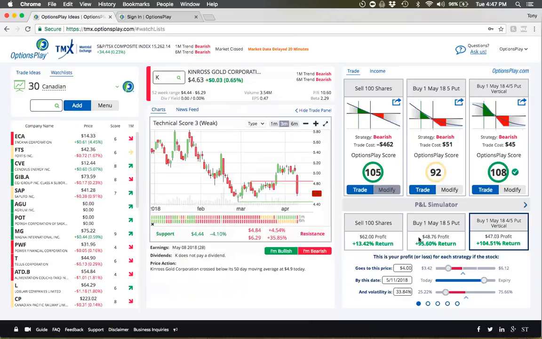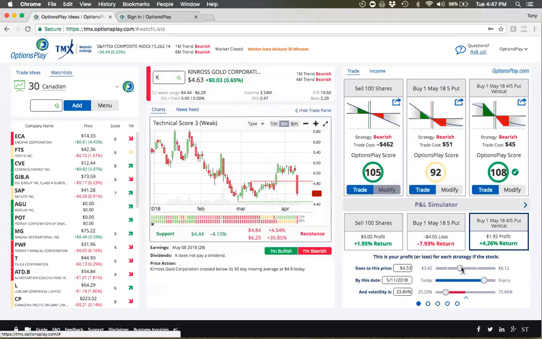So if it goes down to $4, which is about a little about 15% down, you're looking at a 95% return on the put, 104% return on the put vertical. And the great thing about this tool is that you can actually use the slider to get an idea as far as how far does the stock really need to go in order for these two strategies to beat each other.